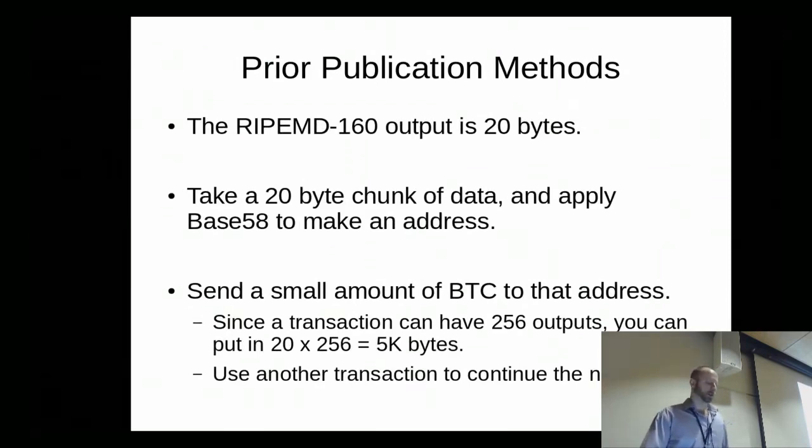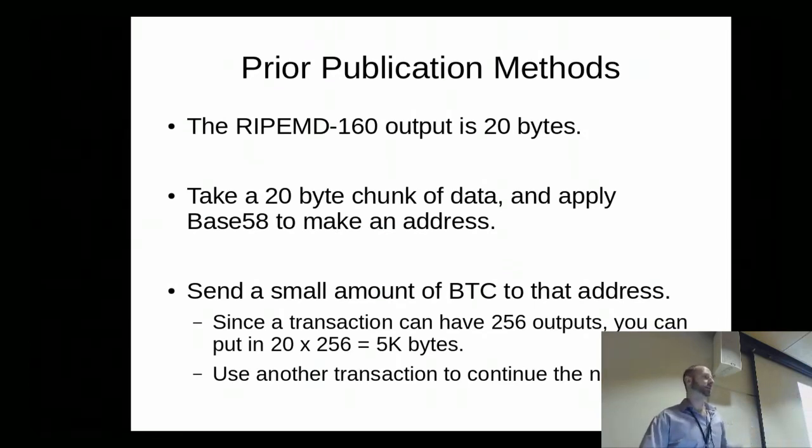So pretty much you can do this over and over again. You just generate all these fake addresses and send a very tiny amount of Bitcoin to them. In a single transaction, you can actually have up to 256 outputs. So in a single transaction, I can say, all right, I want to give half a Bitcoin to this person, 0.3 Bitcoin to this person, 0.003 Bitcoin to this person, and so on.